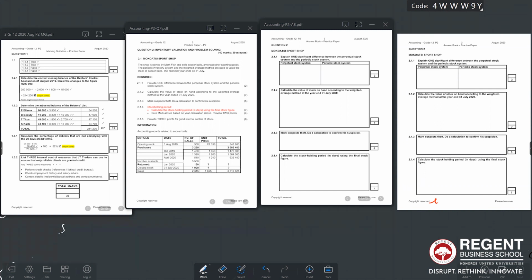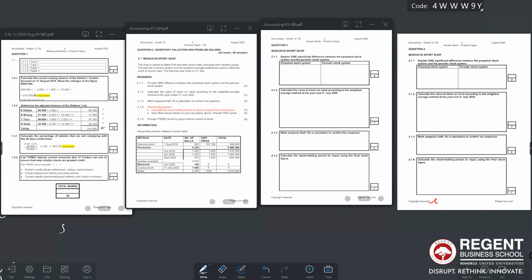I can work out the average price of one item and multiply it by the number of units you have, which will give you the value of your closing stock. Thirdly, the specific identification method. What does that mean? You identify specifically what is left and you work out the value of those items.